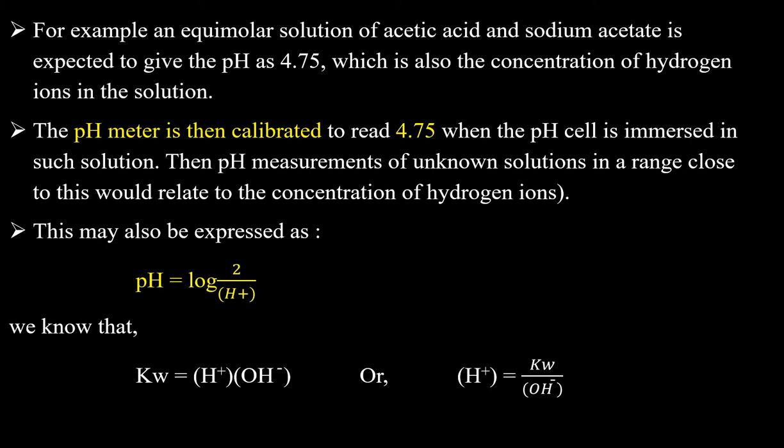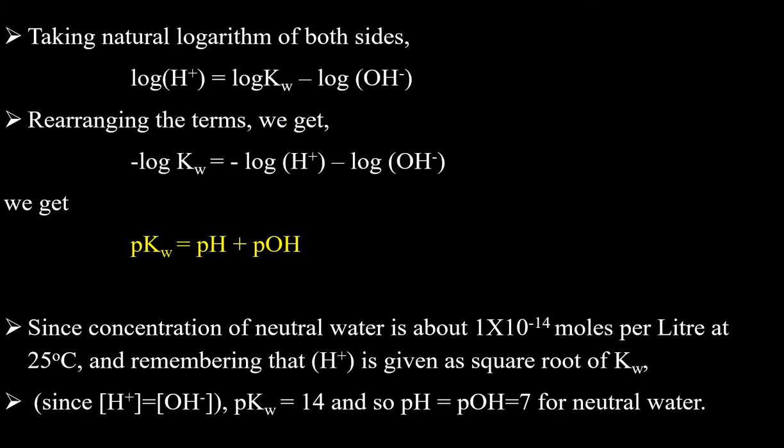We know that Kw, that is the ionic product of water, is equal to H plus into OH minus. Here we can rearrange the equation as H plus is equal to Kw divided by OH minus. Taking logarithm of both sides, we can write log H plus is equal to log Kw minus log OH minus.